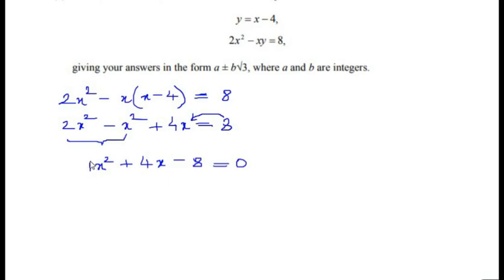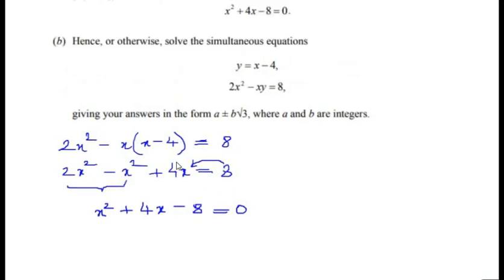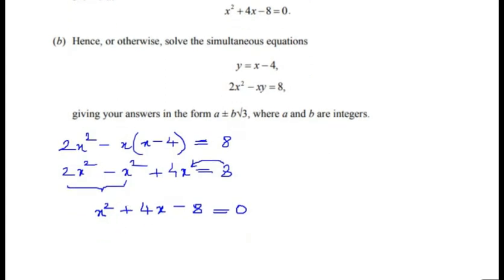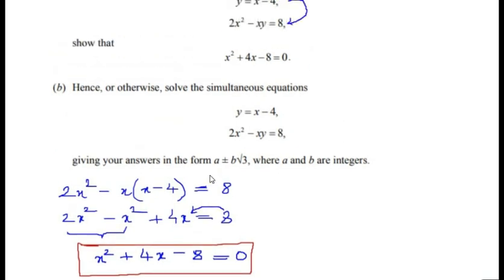If you want to write the 1 over here, you can write it, or if we do not want, we can just remove it, because the meaning remains the same. So let us see if we have got the equation which they had asked us to get. Show that x square plus 4x minus 8 equal to 0. Yes, we have got the same equation by getting rid of the y term. So it is as simple as this. So we have solved part A.